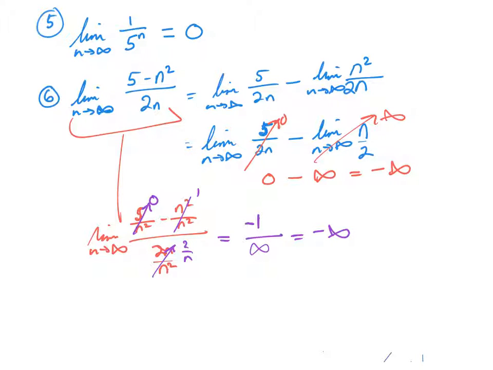Would it be infinity or 0? Because 2 over n can be 0? Yes, 2 over n is 0. So this would be a negative infinite amount, negative infinity.